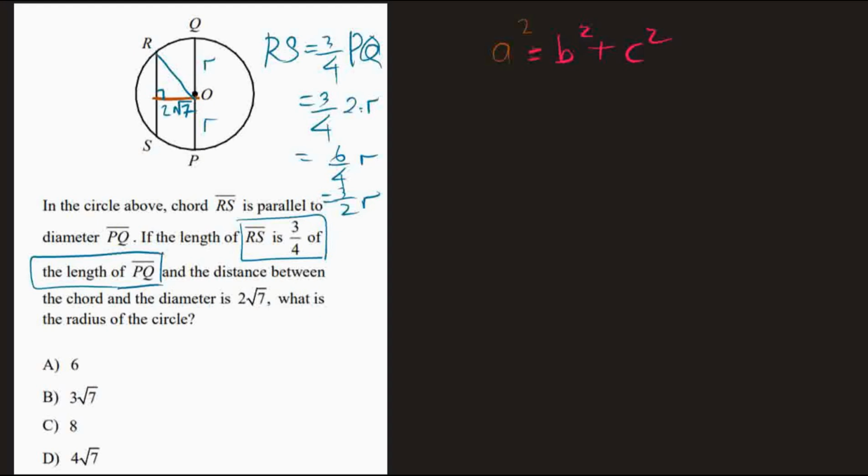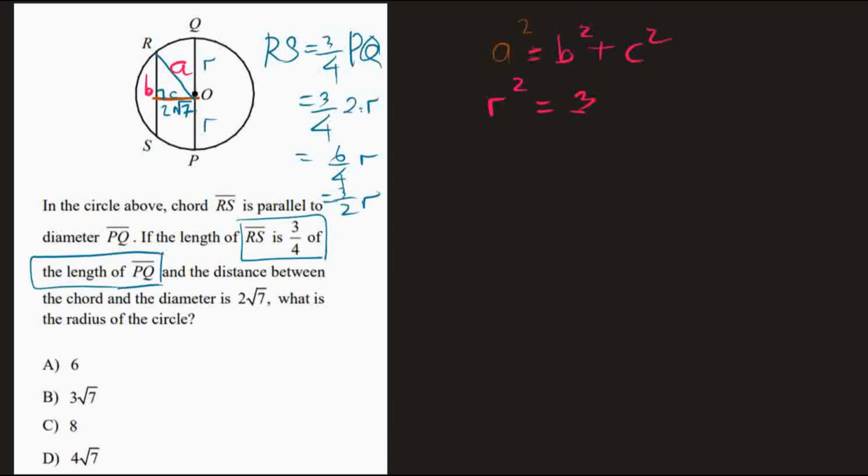So now this is the A, this is the B, and that is the C here. Now A squared is the hypotenuse, the radius itself. B is the RS.